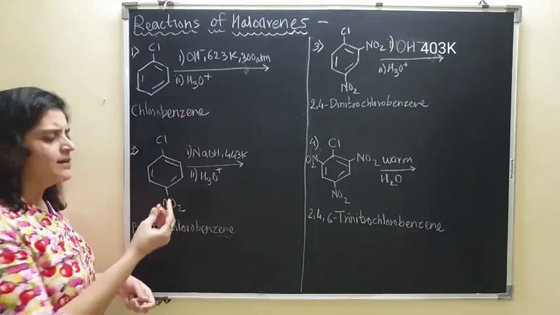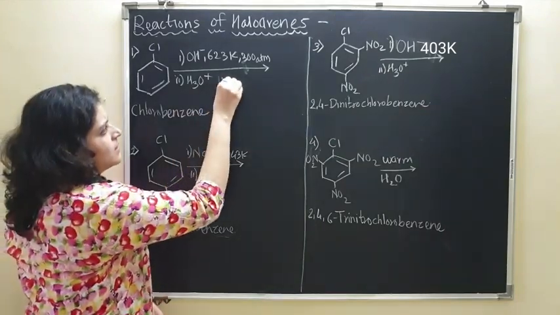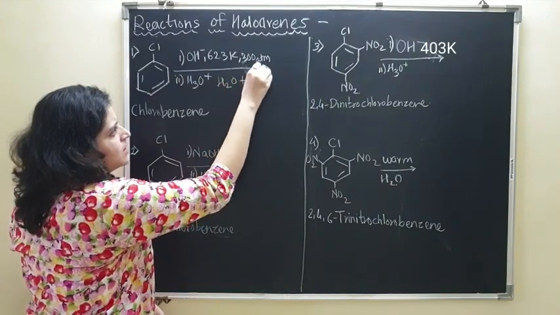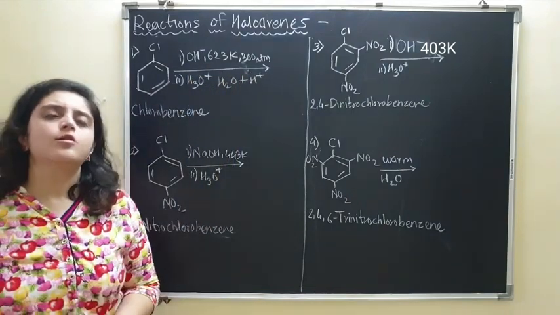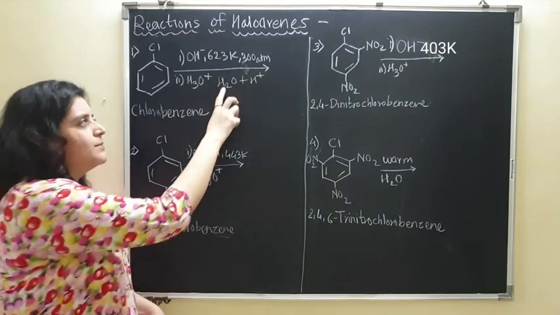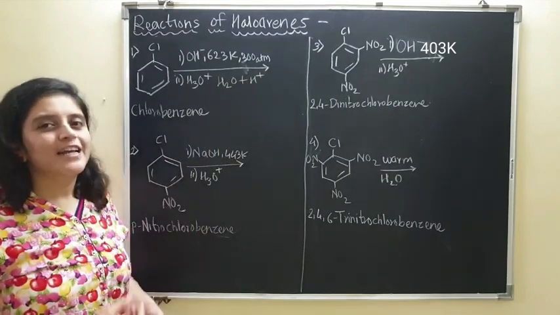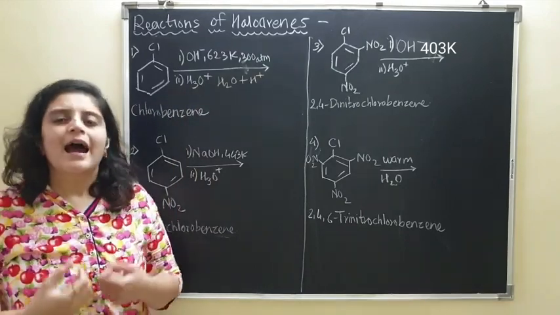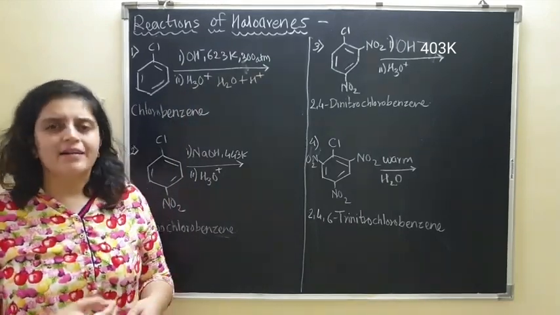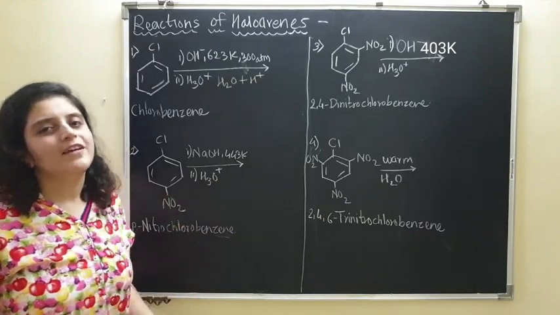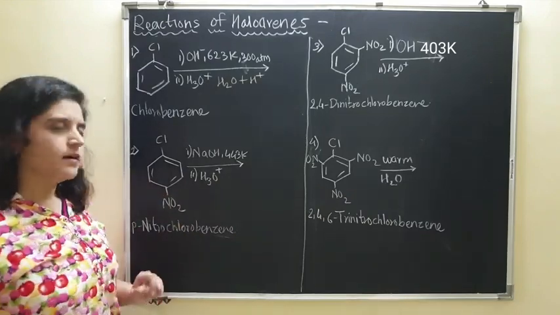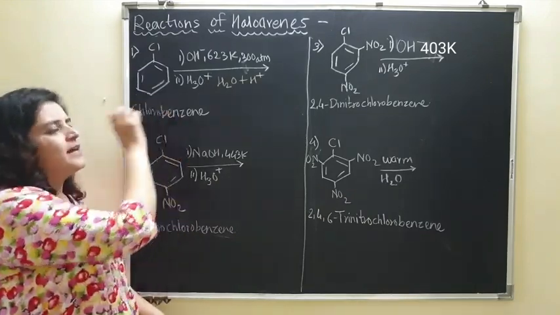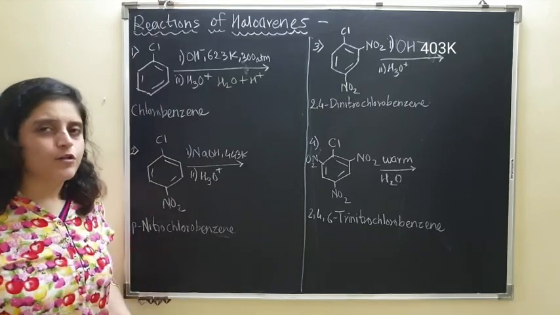This H3O plus is nothing but H2O plus H plus, water plus H plus, and H plus is nothing but acid. So H3O plus, hydronium ions, indicates that the reaction has to be carried out under acidic conditions. Now let us begin with chlorobenzene. What is going to happen?